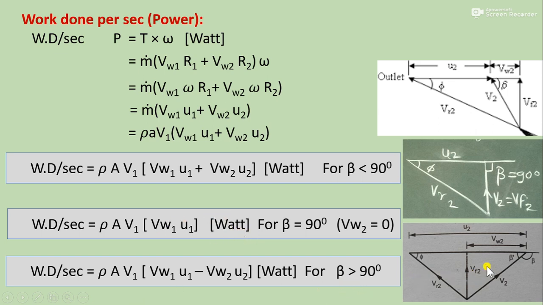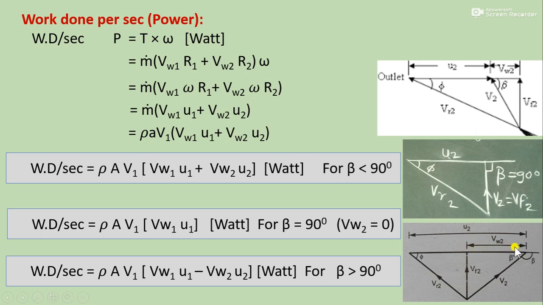Now when beta is greater than 90 degrees, the V2 component, which was inside the triangle, comes outside the triangle on the right side. So the angle here is greater than 90 degrees. Also, its component Vw2 changes direction.